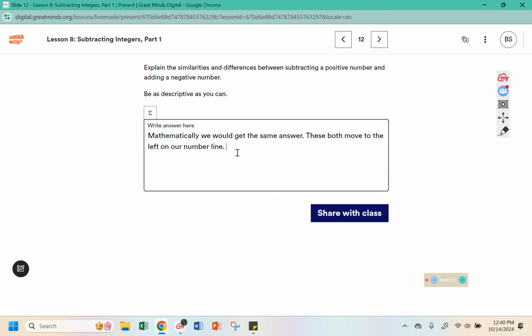A difference might be in how we interpret it. We think of negatives as going below 0, or maybe thinking of adding some debt or adding a negative temperature. But we think of subtraction as removing or getting rid of.